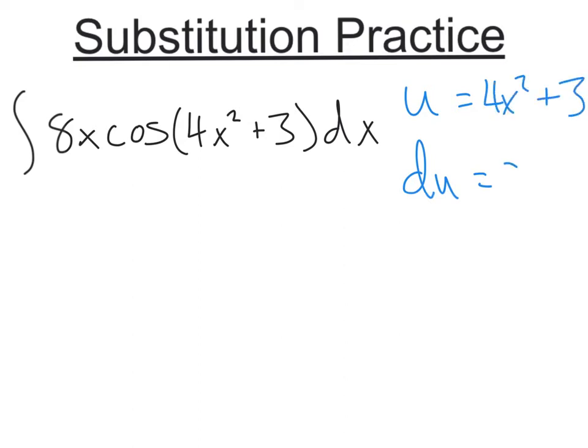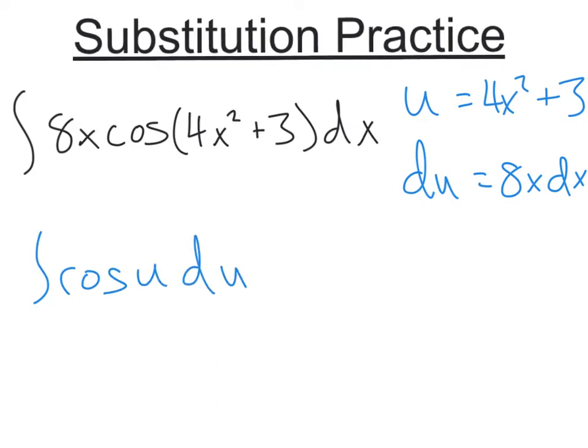And then our du will be 8x dx. And our integral will now become cosine of u du. Right, because cosine of 4x squared plus 3, that was our u, so that becomes cosine of u. And then the 8x dx, that piece is equal to du, so du takes care of that. So everything up here with an x is now translated in terms of u's.